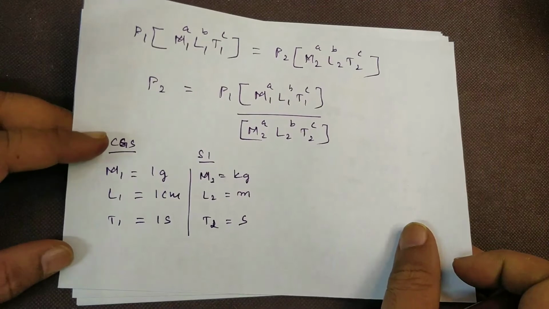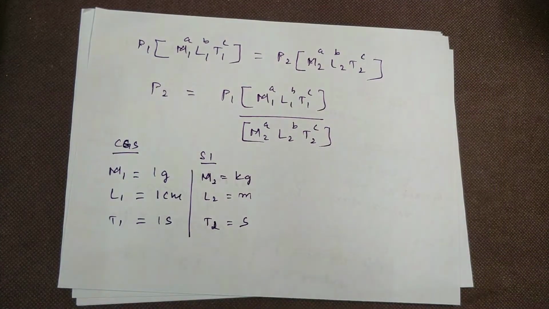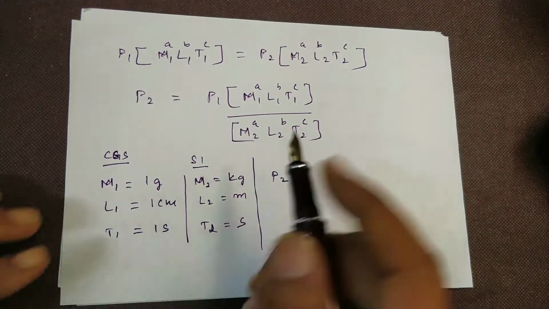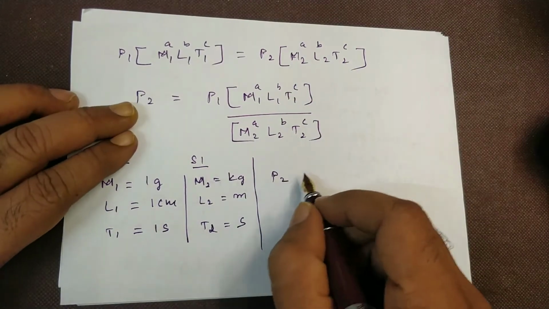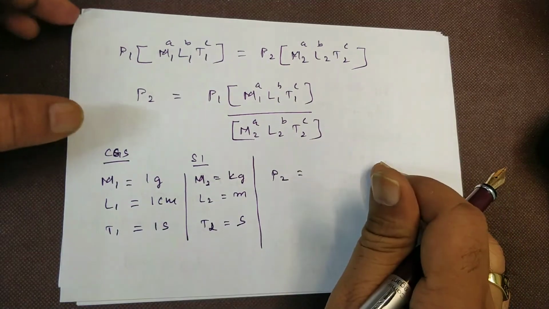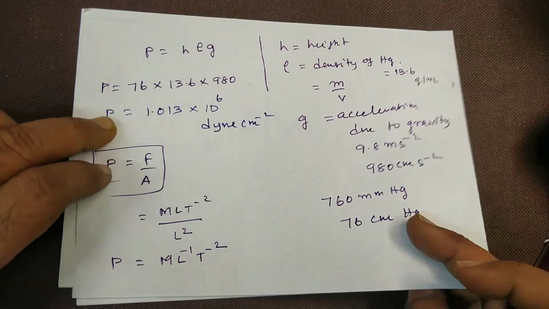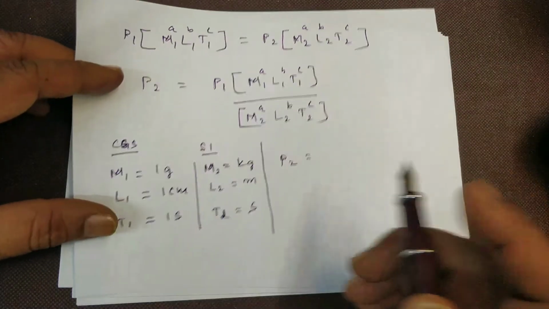So now let us substitute. In the P2 value we want to find out this P2. We already know P1, which is nothing but 1.013 into 10 power 6 dyne.